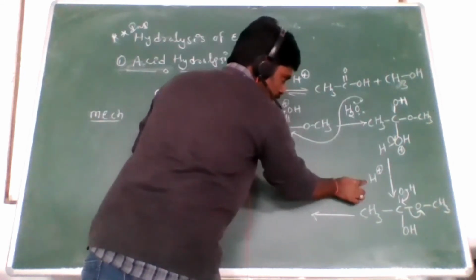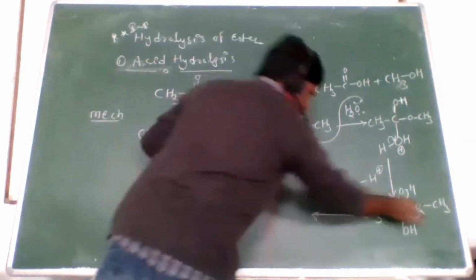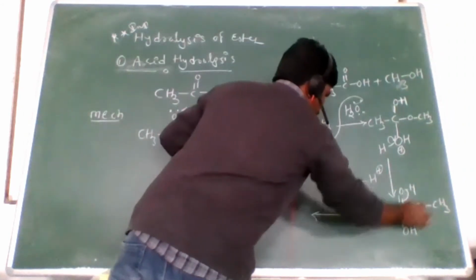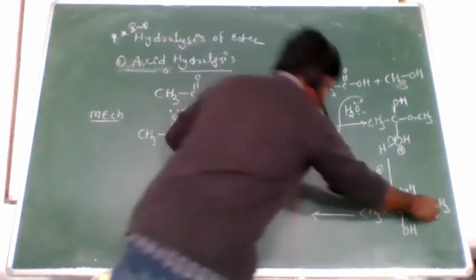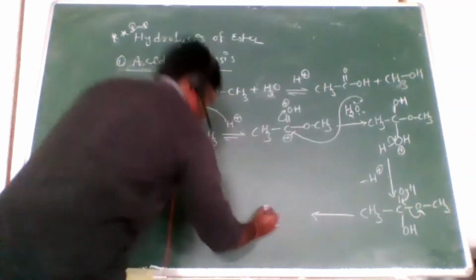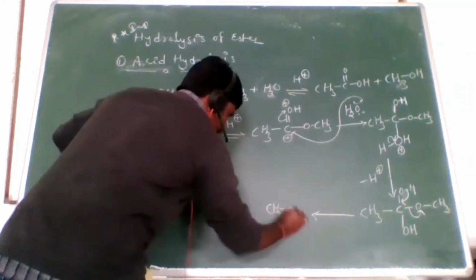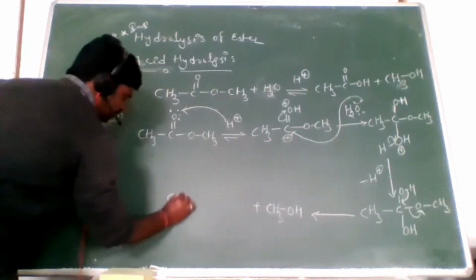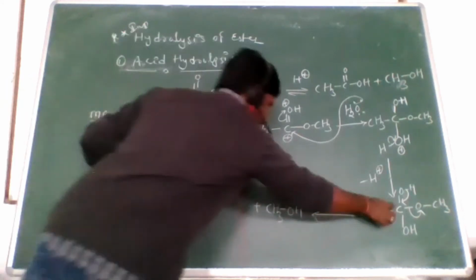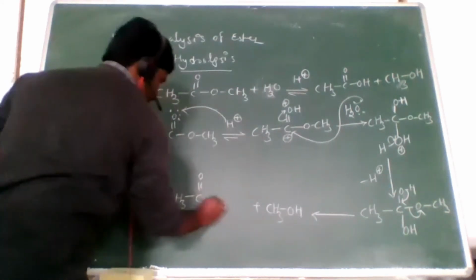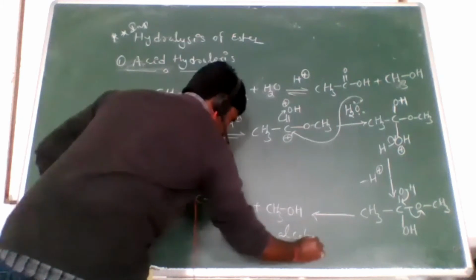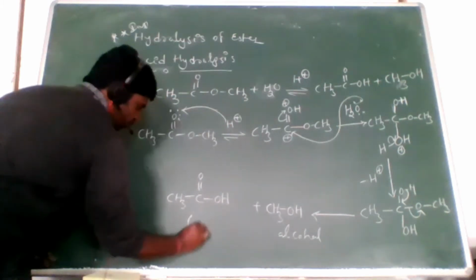This CH3O and this H plus form CH3OH, that is alcohol. The remaining is CH3, C double bond O, OH. So this is the alcohol.